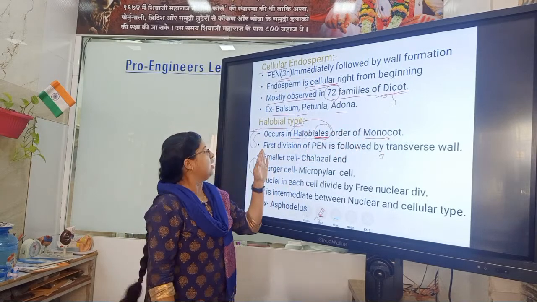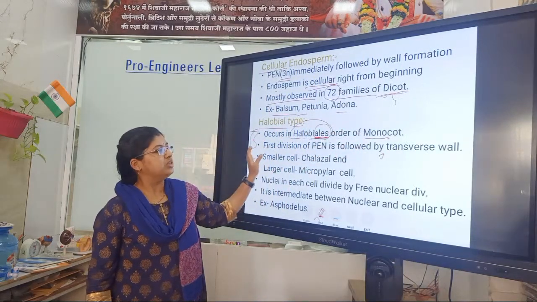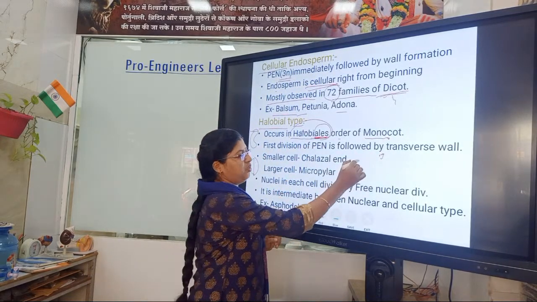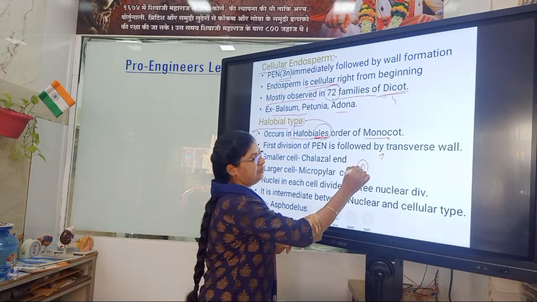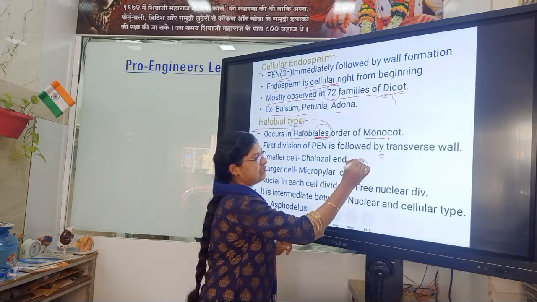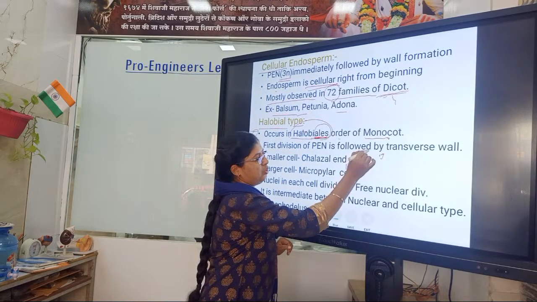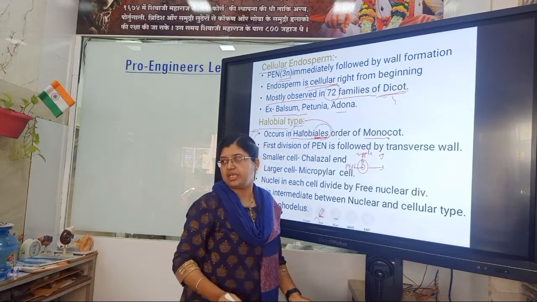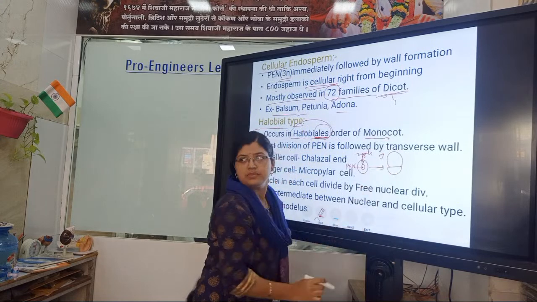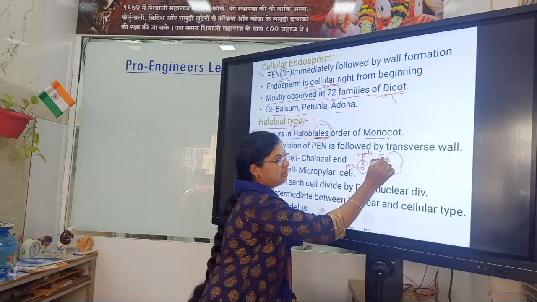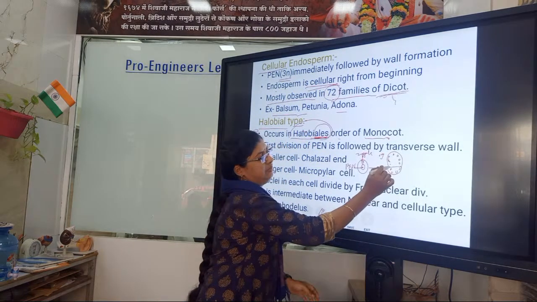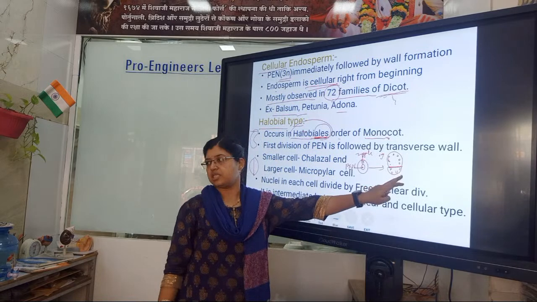Now the PEN first of all divides and forms a transverse wall. This is the PEN and this is the zygote. When it divides mitotically, there is a formation of a transverse wall.